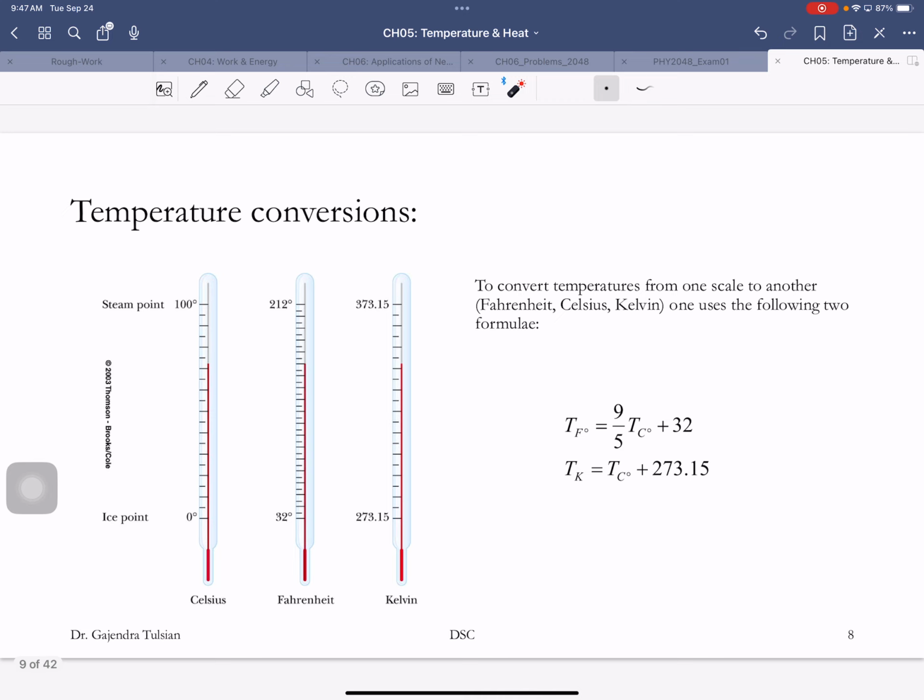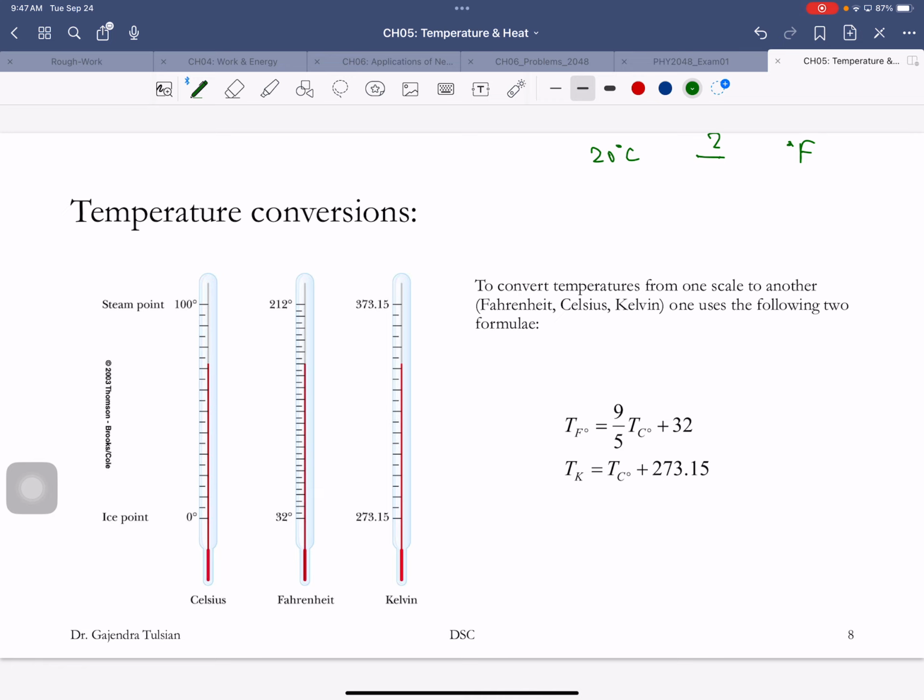What these formulae do is let you convert a temperature in the Celsius scale into the Fahrenheit scale using this formula. Let me do an example. Say you have 20 degrees Celsius and you want to know what it is on the Fahrenheit scale.